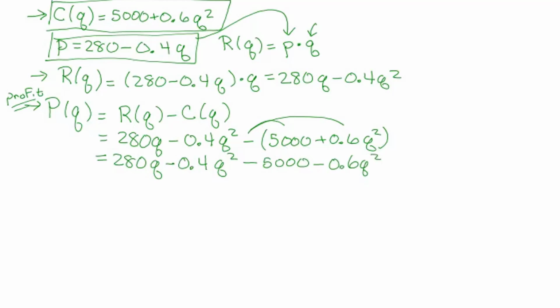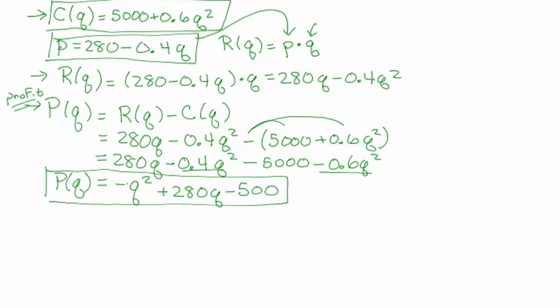Combining like terms, let's do the highest degree term first. So we have two Q squared terms. Combining those, negative 0.4 plus negative 0.6 gives you negative 1. So negative Q squared plus 280Q minus 5,000. So this is our profit function.